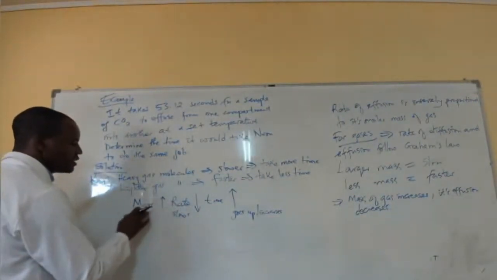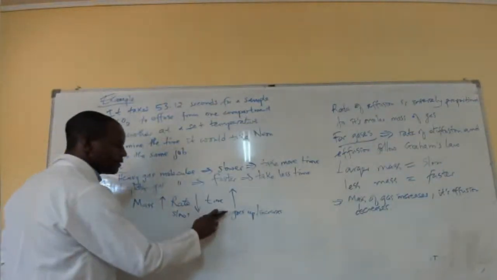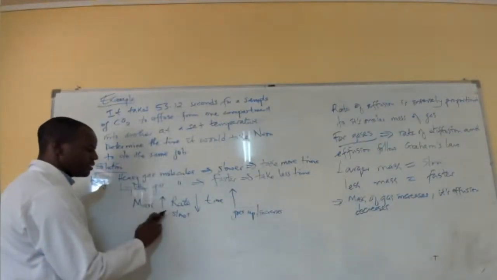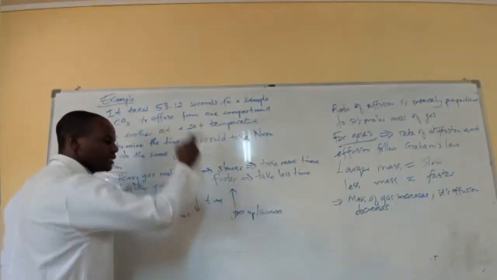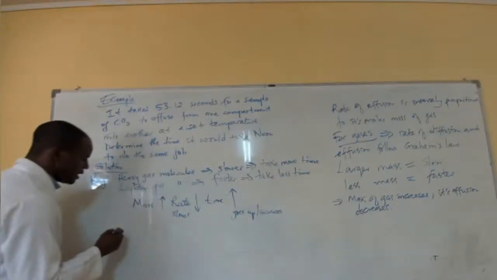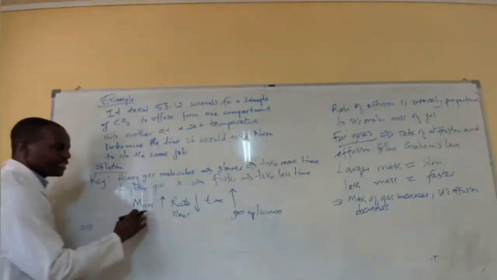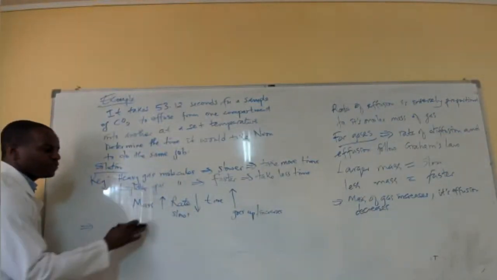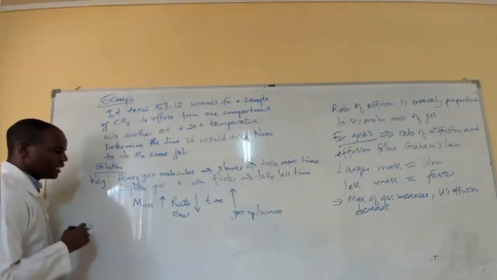Now, that being the case, when you compare rate and mass, we say that these two are inversely proportional. But when you look at mass and time, these are actually going in the same direction. When the mass increases, the time that is needed to do the job increases also. So in this case, our equation that relates mass and time is going to be a little bit different from the one that relates mass and rate, which we were looking at.